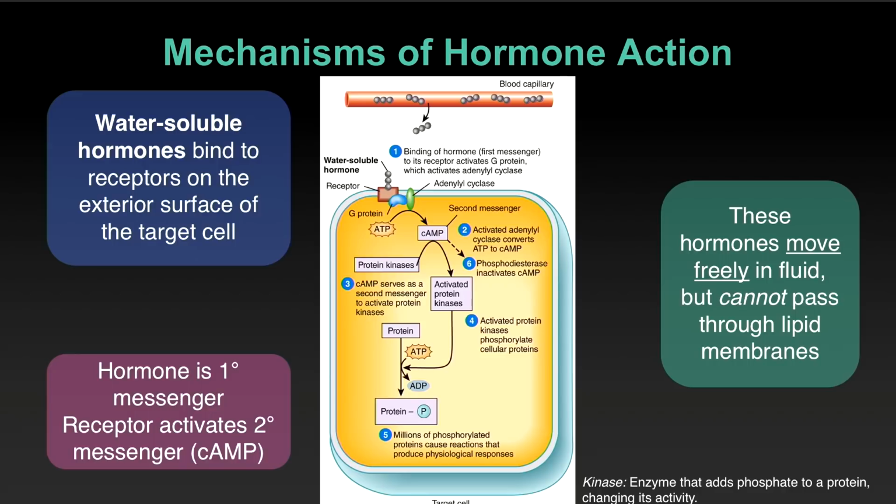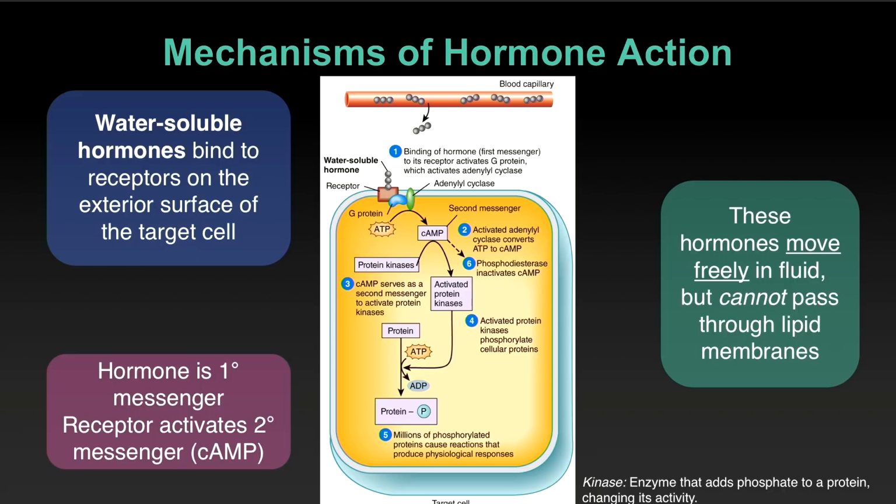So the hormone isn't the thing responsible for a change in activity anymore. Now that it's initiated the production of cyclic AMP in the cell, this carries the message. It's taken the baton and it carries the message further into the cell. What that message is depends on the hormone.